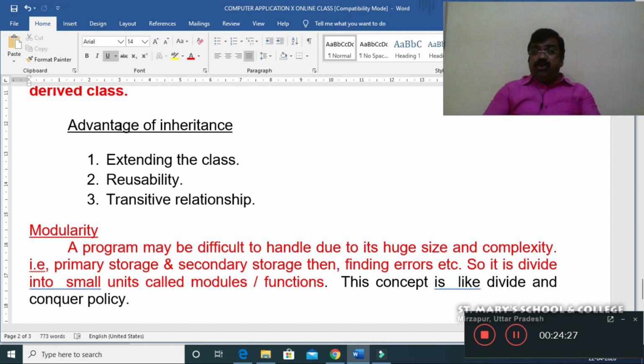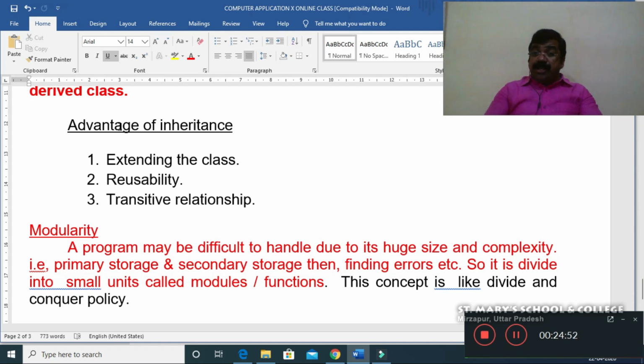The rooms which were made by the grandfather are reused by your father. What about the transitive relationship? It is your turn now. You are making this house into 3 stories.